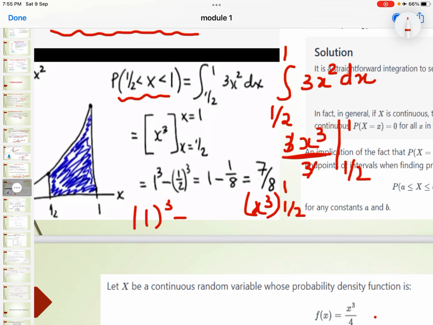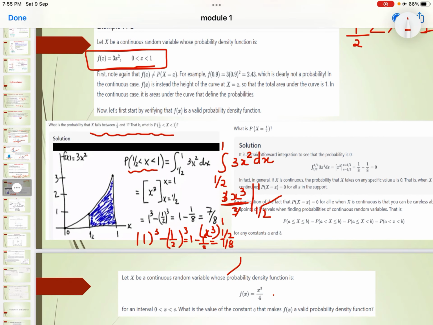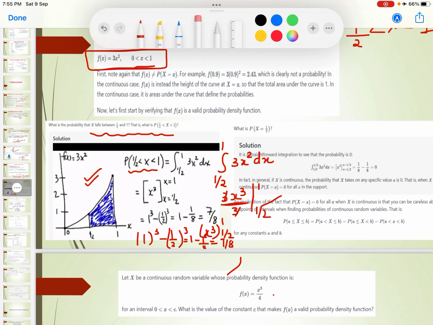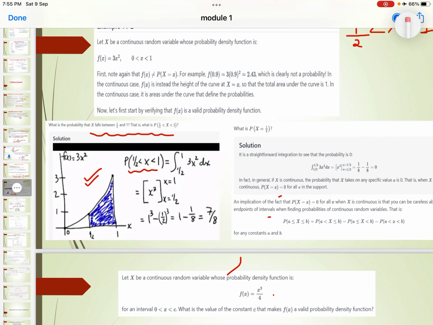So 1 cube minus 1 by 2 cube, you get 1 minus 1 by 8, which is 7 by 8. This way you will be solving this question. Now, straightforward integration you just have to perform.